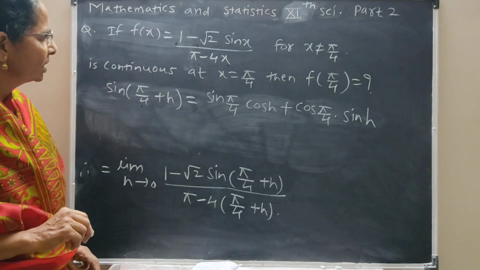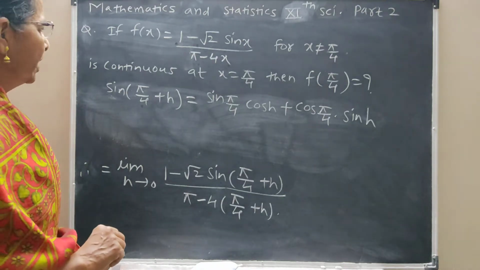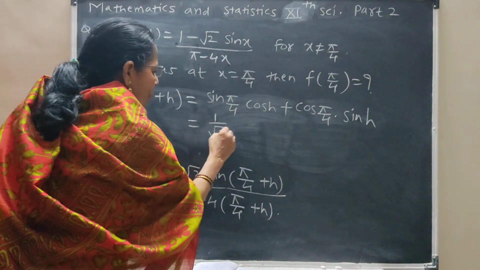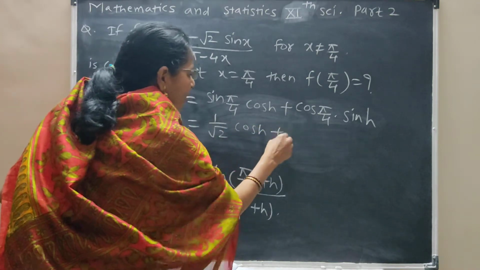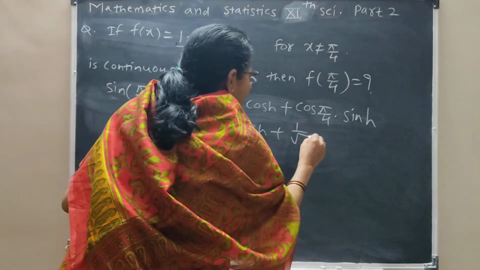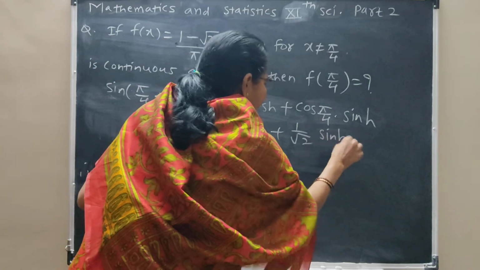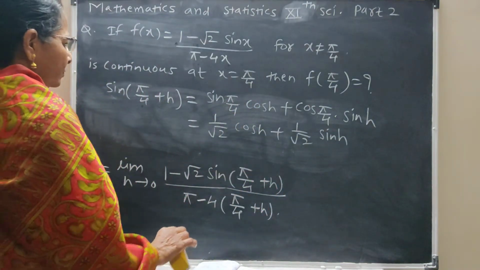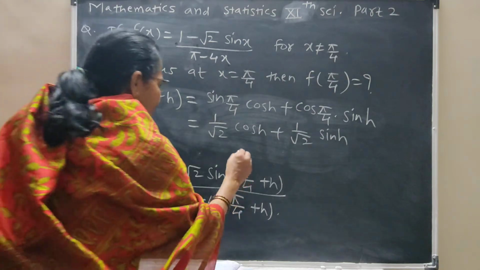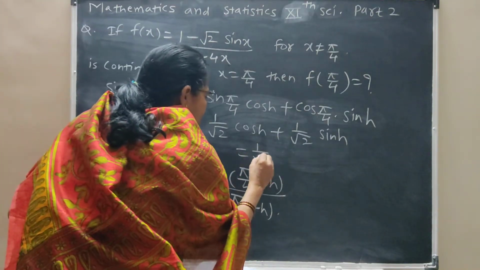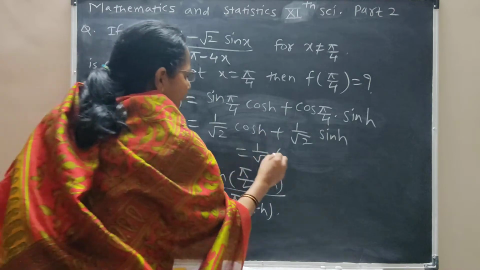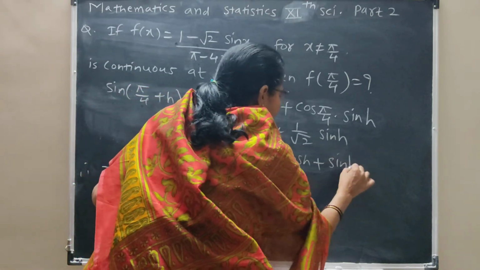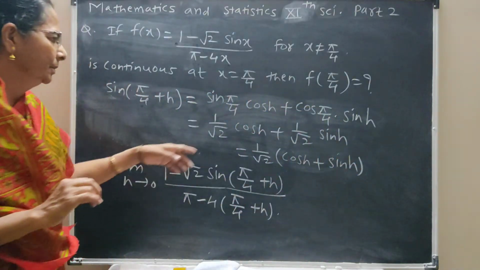Sin pi by 4 cos h plus cos pi by 4 sin h is equal to 1 upon root 2 cos h plus 1 upon root 2 sin h, which is equal to 1 upon root 2 common in the bracket, (cos h plus sin h).